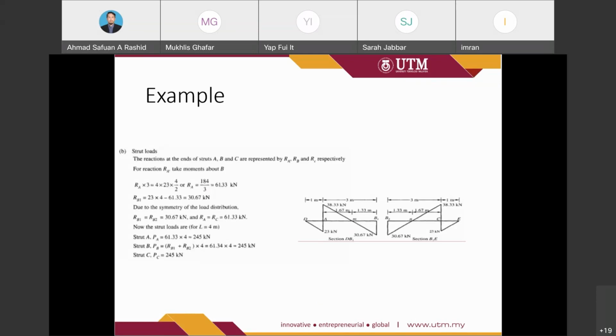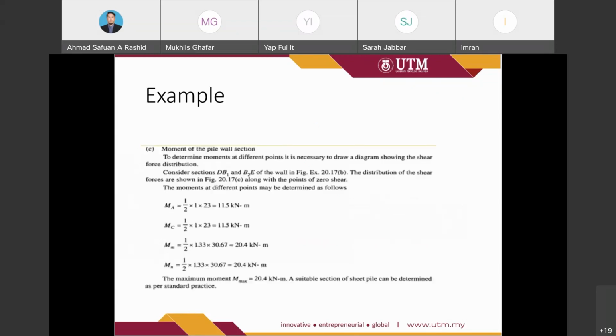For reaction RA, take moment about B. Since the loading is symmetric between AB and BC, we can solve the problem using the moment concept to get the values for RA and also RB. So this is the shear force diagram, not related to this one.